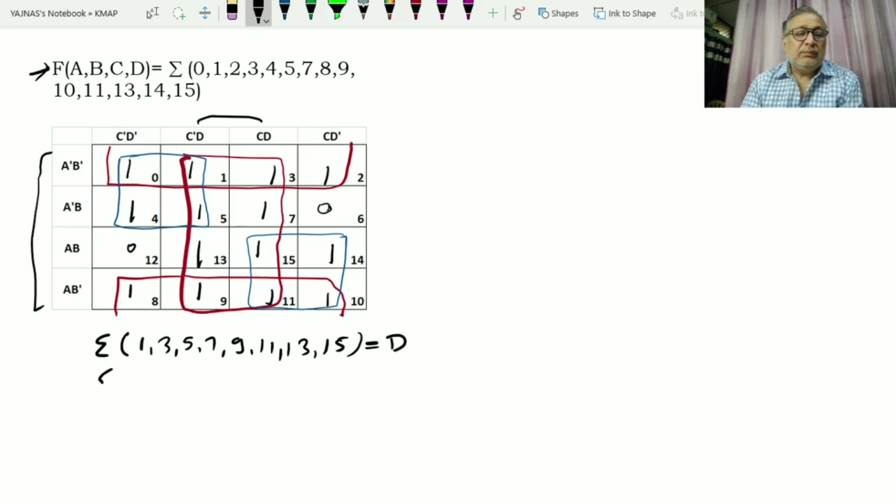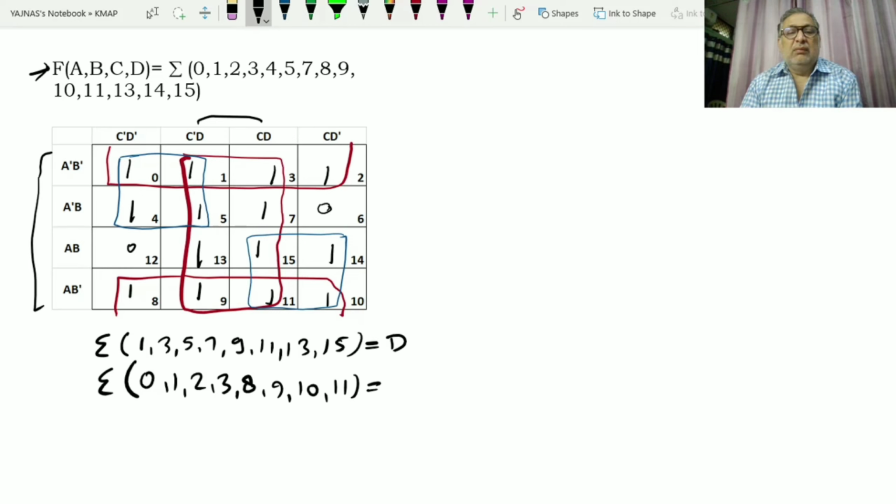All right. The next group is on rolling 0, 1, 2, 3, 8, 9, 10, 11. From the top, C and D are all changing. We will have to look at the left hand side of it. From the left hand side, we see A bar B bar, A B bar.